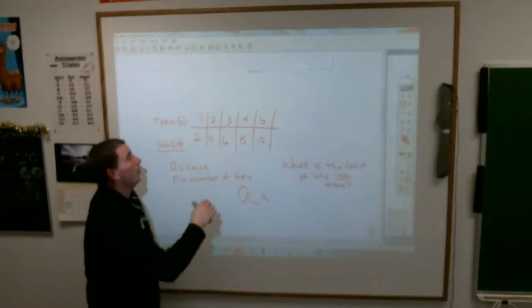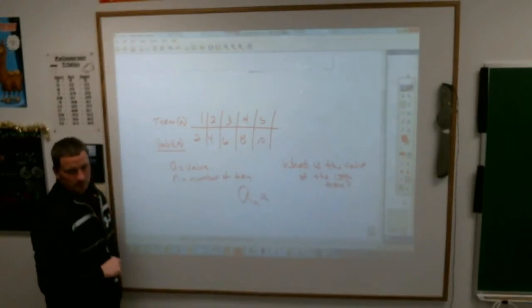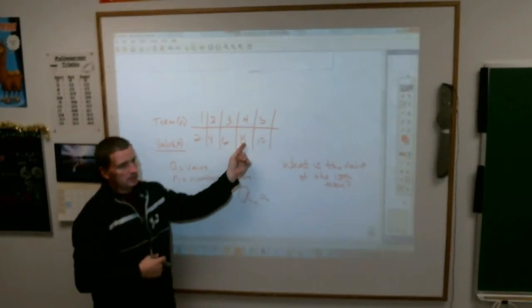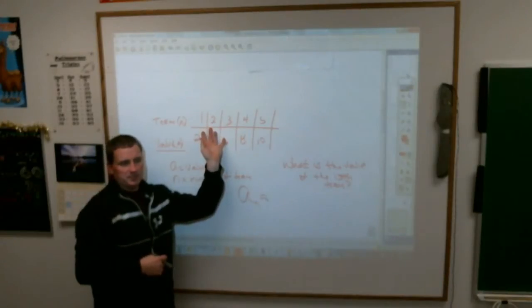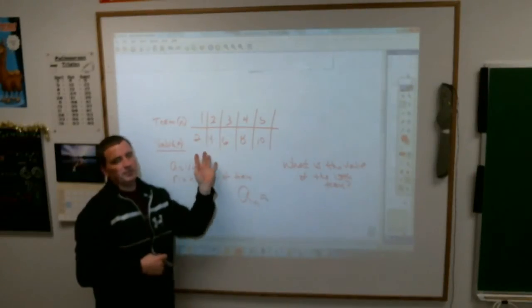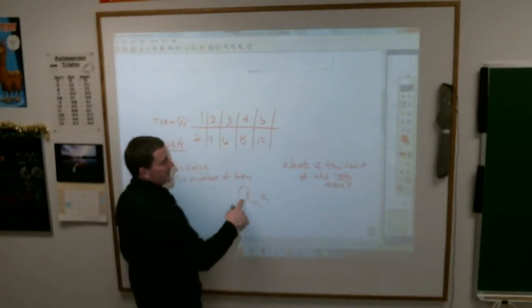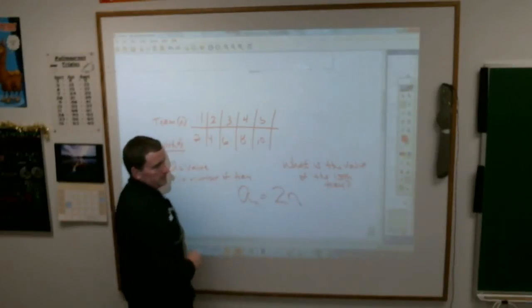What are you doing to the n to get that bottom number each time? Here's where it gets a little confusing, because this is an arithmetic sequence, but in the formula, you're going to have to do what, Sammy? Multiply by 2. I am taking 2 times whatever the term is.